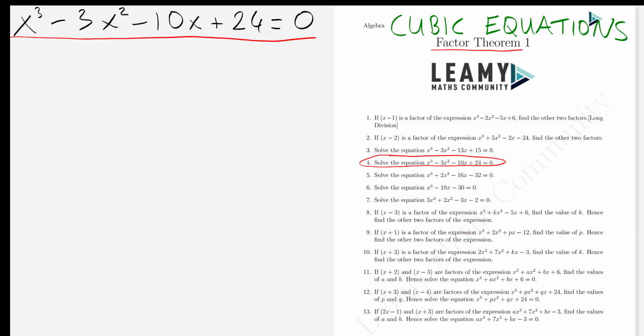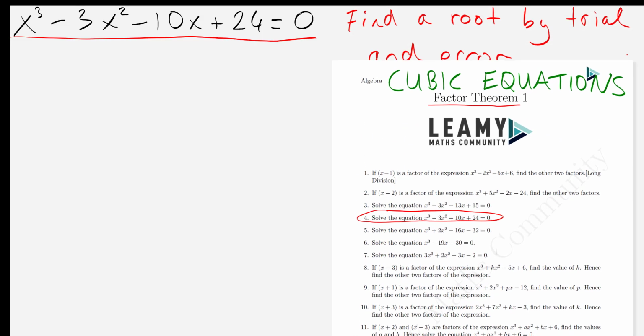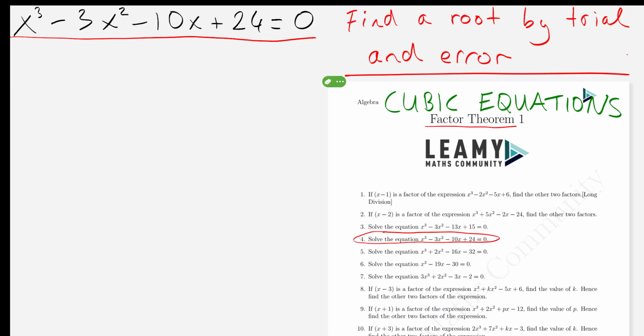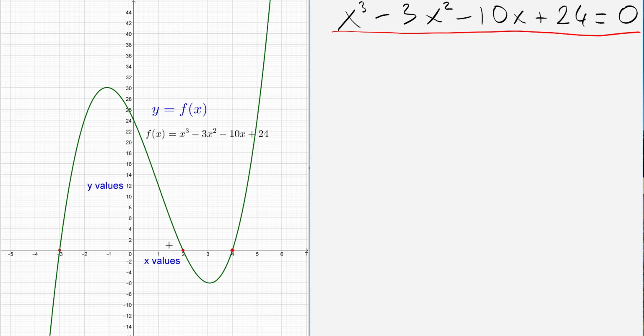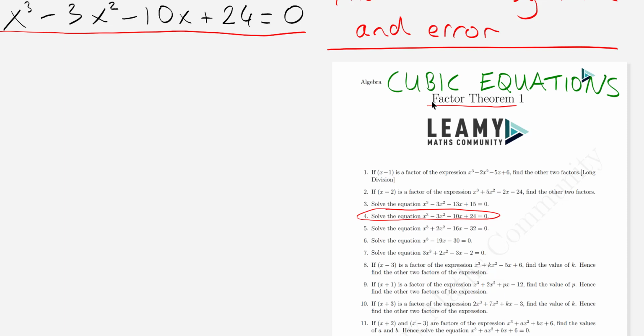So the idea is we're going to find a root by trial and error. Now, what do I mean by a root? If we go back, the root is where it cuts the x-axis. We are looking for 3 roots, because it's a cubic equation. And the first thing we have to do is find the first root by trial and error.